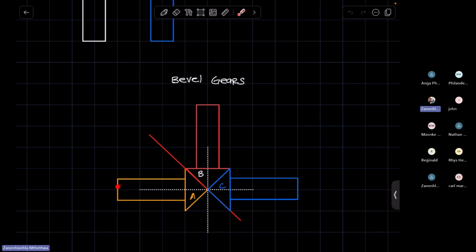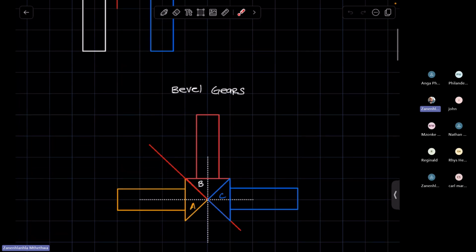So this here represents the shafts that are being fitted onto the bevel gears. And a bevel gear is somewhat cone shaped. If you look at this here, this is somewhat cone shaped. So this represents a schematic of a bevel gear.